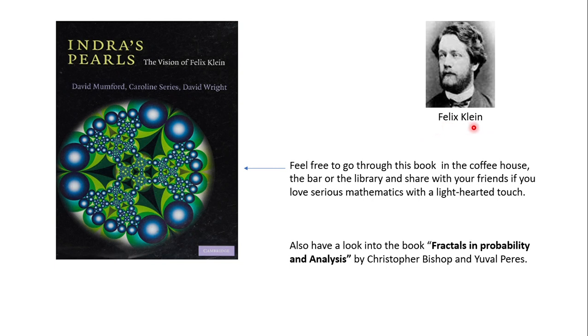And this book is called Indra's Pearls. Felix Klein was from Göttingen University, and he was not just a good researcher, he was also a good educator. It was his dream, he saw these exquisite figures in his dreams.